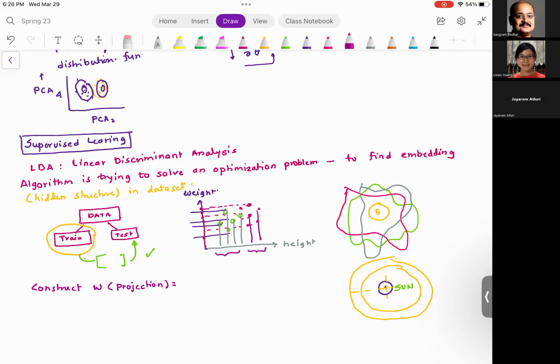We are trying to construct the projection in such a way that we have arg max. We are trying to maximize the separation between the data sets. So you have W. Mathematically, what this means is I'm trying to maximize the distance between these two data sets.